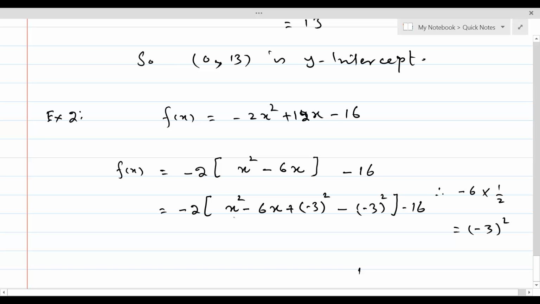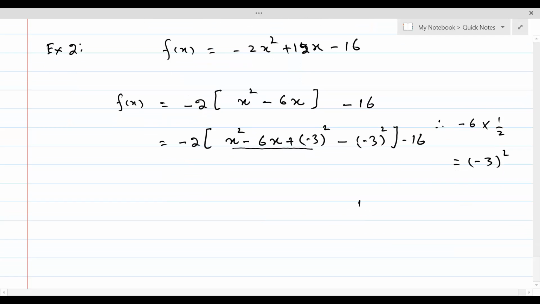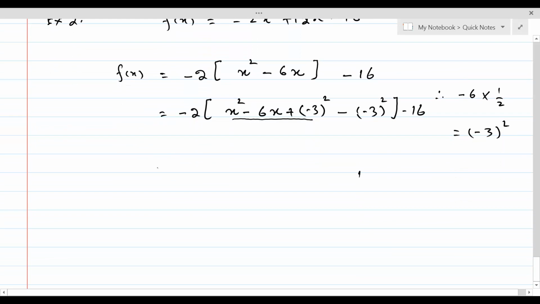The first three terms inside the bracket are a perfect square, so these equal minus 2 into (x minus 3) whole square minus 9, minus 16.